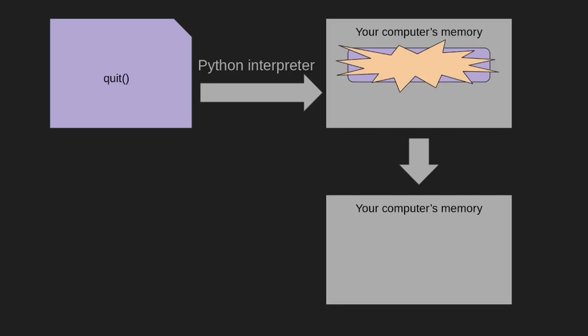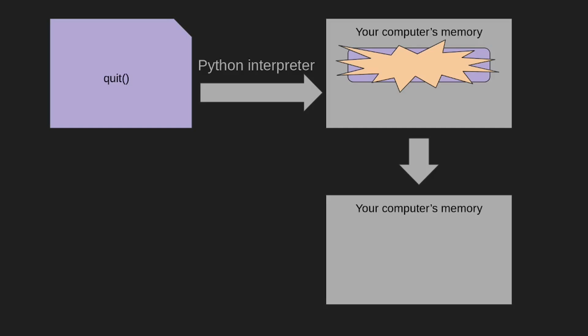And so here I've just shown whenever your program exits and the Python interpreter closes, that variable is gone from your computer's memory. It can't be accessed anymore. This is why, if you've been in a Jupyter notebook before and your first cell assigns a variable and your second one uses it, if you close the Python kernel and then try to run only the second cell, it doesn't know what it's reading.